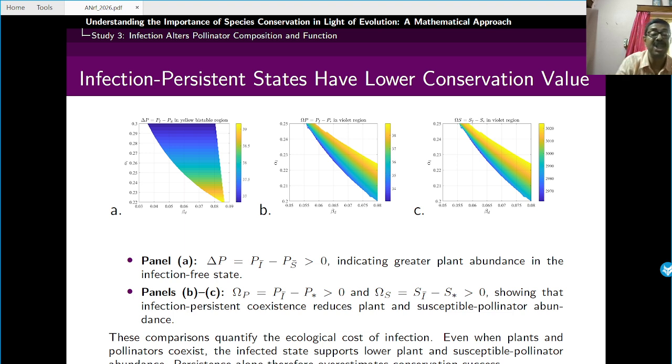From the first figure, we see greater plant abundance in the infection-free state, whereas in the next two figures, we observe that infection-persistent coexistence reduces plant and susceptible pollinator abundance. So coexistence with infection is not functionally equivalent to healthy mutualism.